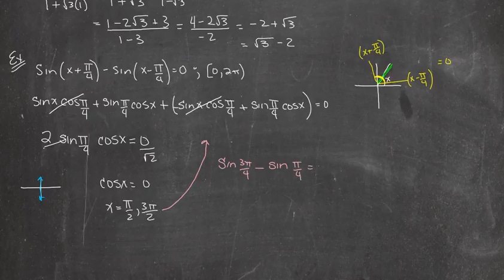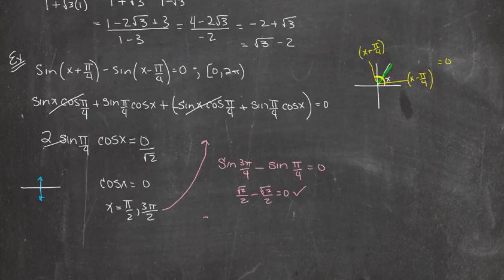But that equals 0, right? So the sine of 3 pi over 4 is in the second quadrant, where all students take calculus, so that's a positive root 2 over 2, minus the sine of pi over 4, a positive root 2 over 2, equals 0, and that is true.